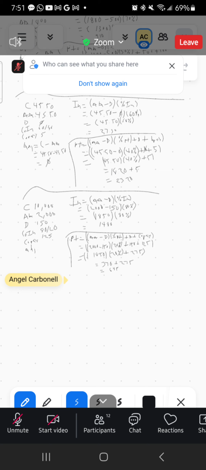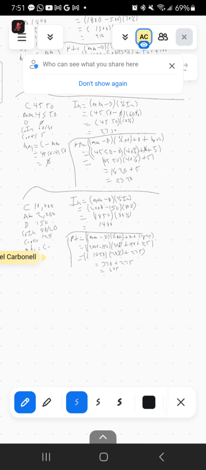And then our adjustment is just charges minus allowed amount. Now we have $10,000 minus $2,000.